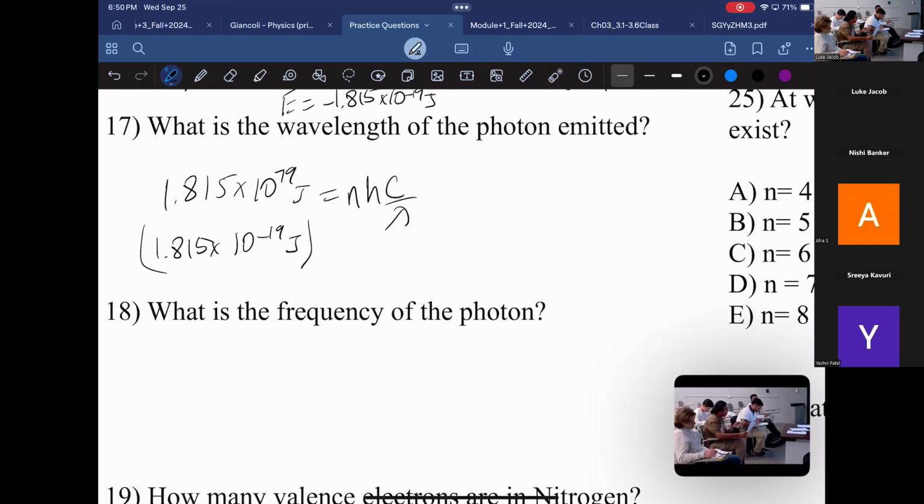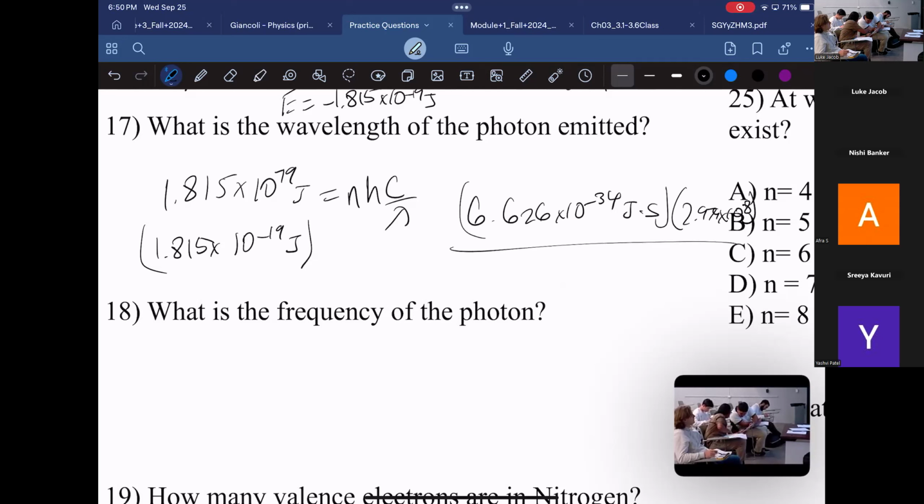So 6.626 times 10 to the -34 joule seconds, times 2.979 times 10 to the 8, divided by 1.815 times 10 to the -19. Oh wait, that was supposed to be a 7. Usually you're using 10 to the 2.998 or so. Yeah, that makes more sense.